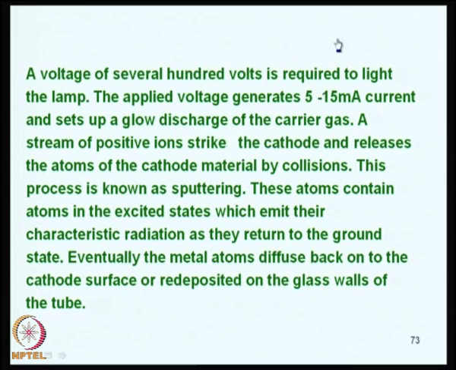So, you take a hollow cathode lamp, fill it with neon or argon, set up a glow discharge, and the positive ions will strike the cathode and release the atoms of the cathode material by collision.